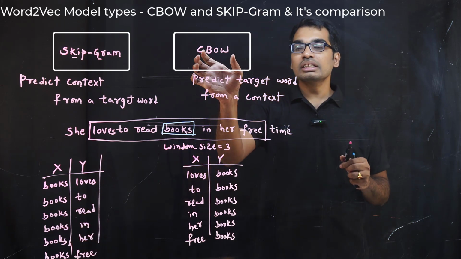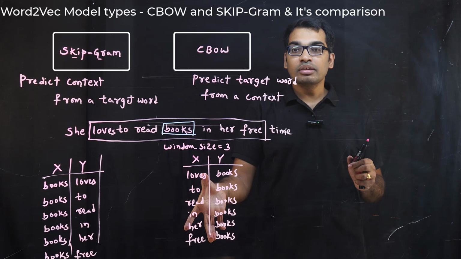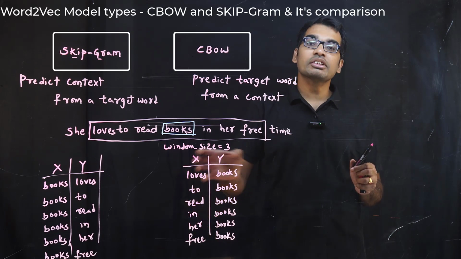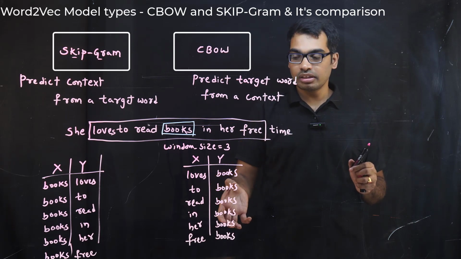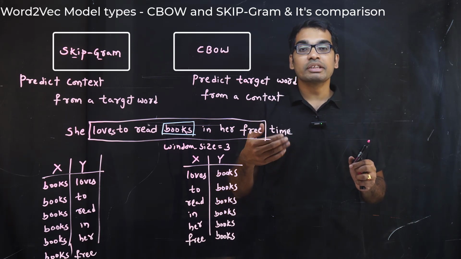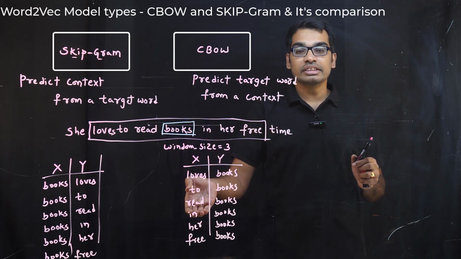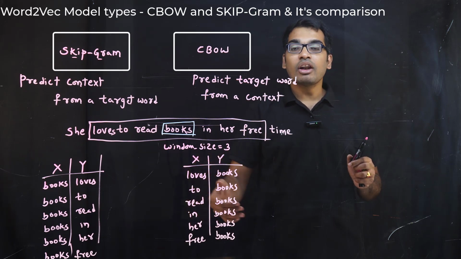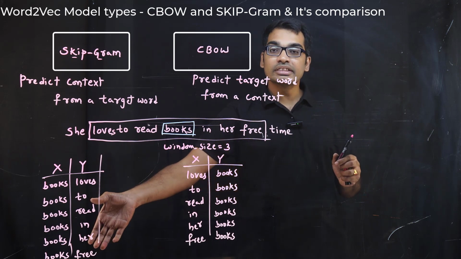But in the continuous bag of words, you are predicting the target word from either rare words or frequent words, so it will be averaged out. If you are producing the embedding for a rare word, whatever context vectors are defined for that rare word will be averaged out. That is why it will not be able to represent rare words, but the skipgram approach does.